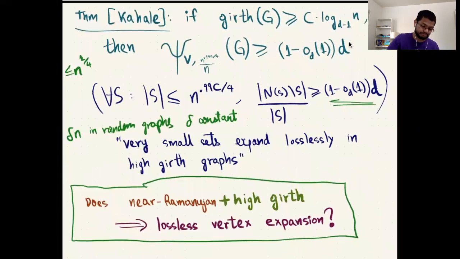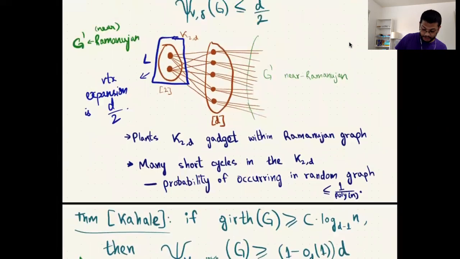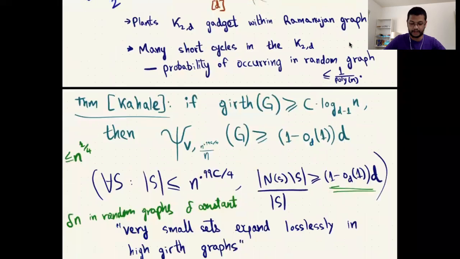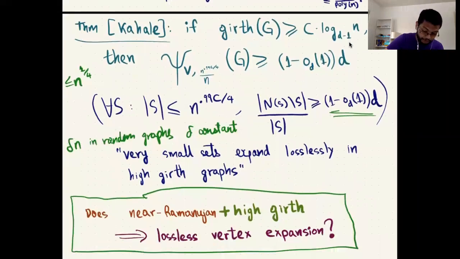Now, let's understand whether having many short cycles in a K2D is actually the real barrier for whether this graph has poor vertex expansion. And if so, the next motivating statement that was also proved by Kahale was, it's actually a purely combinatorial statement. And it says if any graph has large girth, namely girth larger than c times log n, then the vertex expansion of certain small size sets, where small here is roughly n to the c over 4, where c is this constant in the girth.